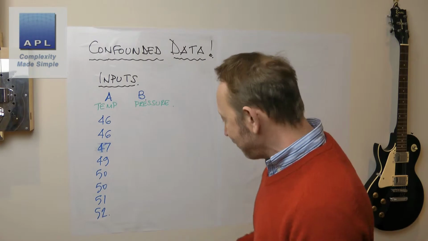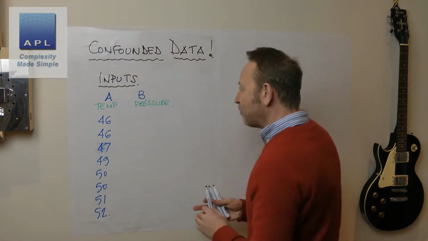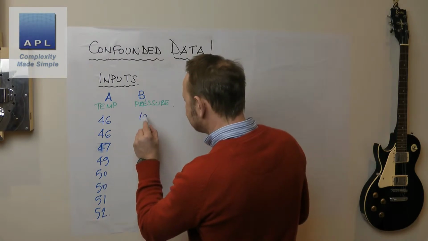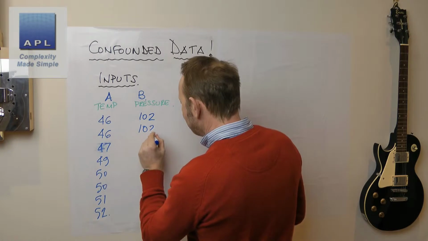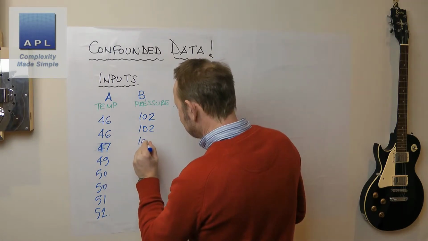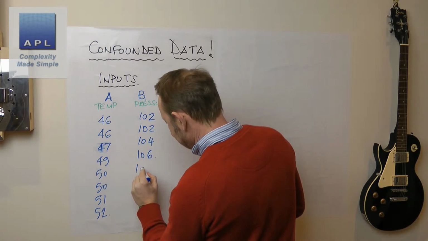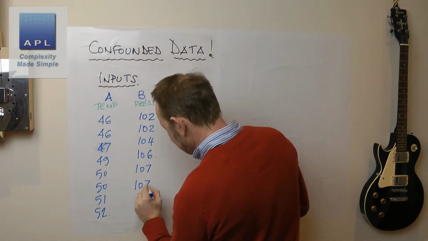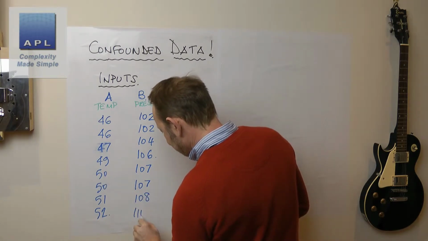So we've got the temperature, which is being randomly moved around. Then we've got the pressure, which is also randomly being moved around. I'm just going to put some random numbers in here, as if a technician has been testing and learning.